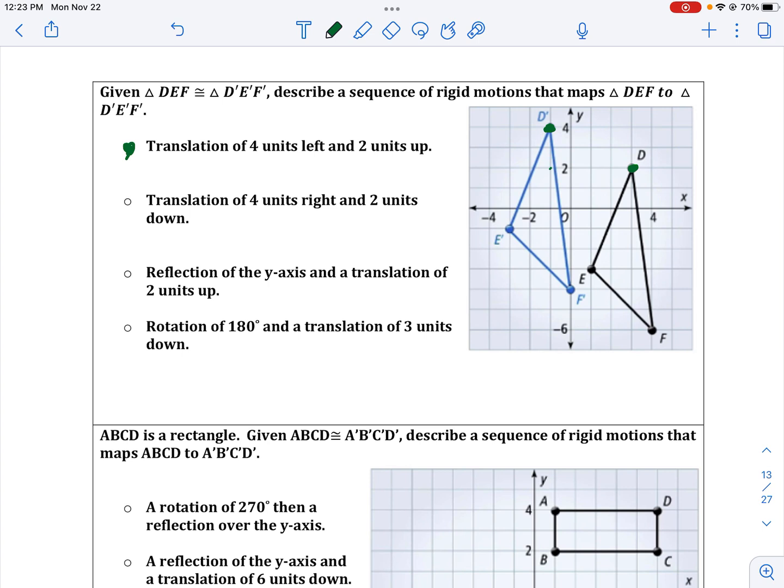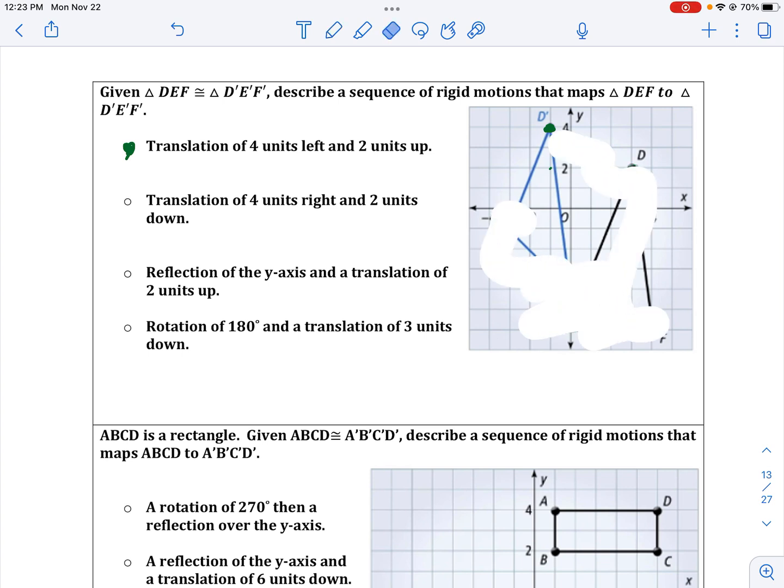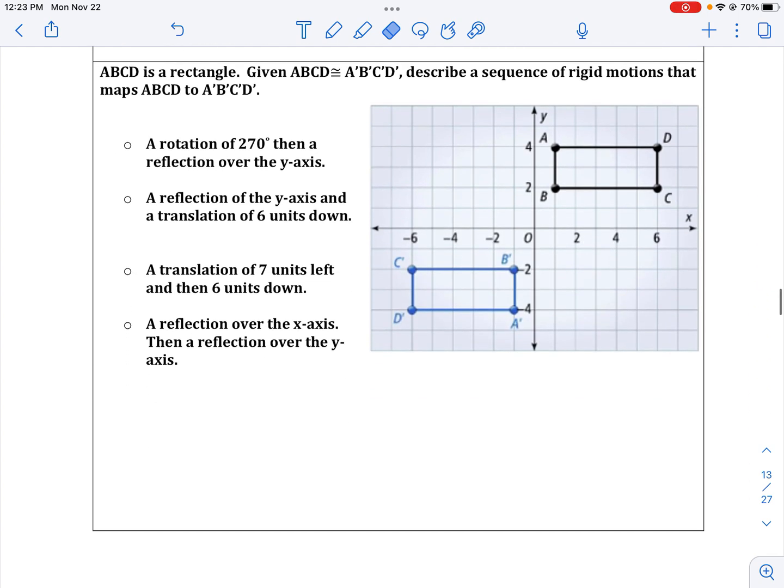And in multiple choice, once you find the answer, that is going to be the same for every single coordinate. As you can see, we go 4 units to the left, and 2 up, and you end up on E prime. And from F, 4 units to the left, up 2 on F prime. They're all the same for all the coordinates, proving that that is the correct answer.